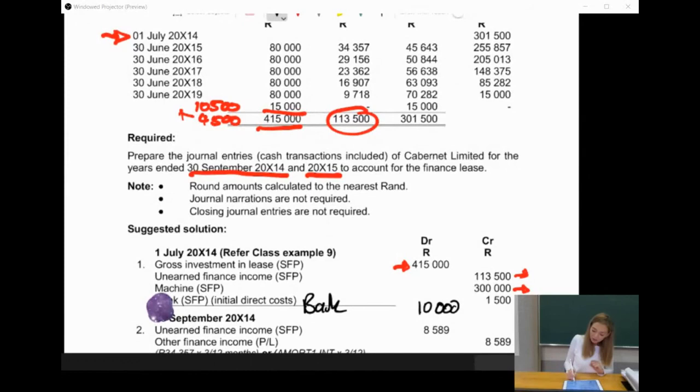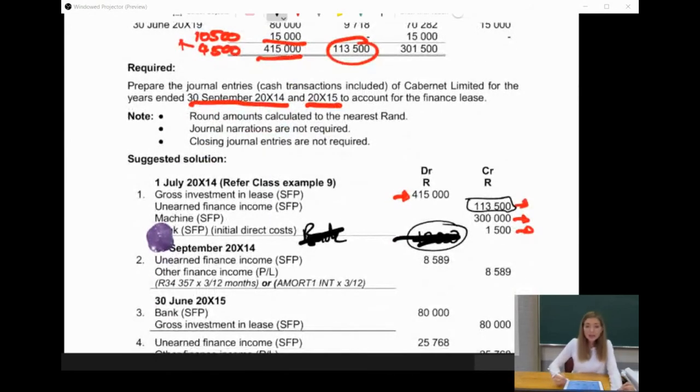And obviously, because we've received some of that here, this is going to affect the unearned finance income because the interest rate implicit in the lease is going to be different. Never mind, we don't have a deposit, but if we did, that's what would have happened. So that was my initial recognition that we did in example 9.